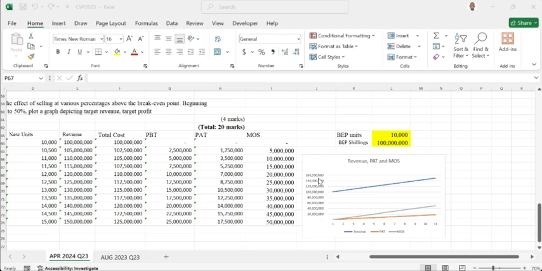So how do we find the chart? The name of the chart is so simple. Is revenue, profit and MOS. You can write in full. Teacher, umetumia chart gani?